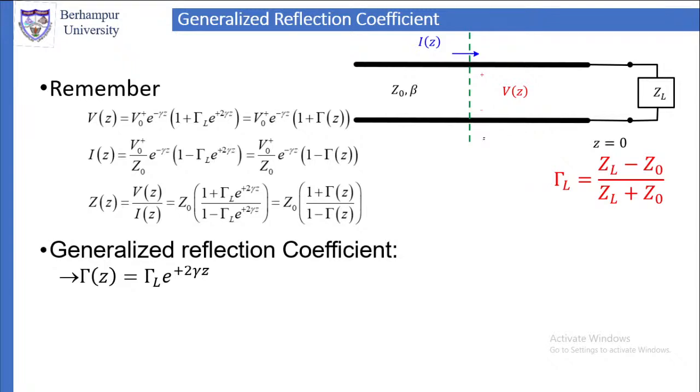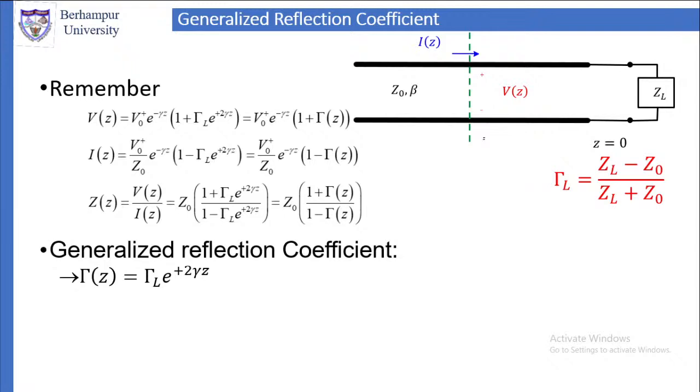Γ_L is the reflection coefficient due to the load. Then exp(-jβz) into exp(2jβz) gives us exp(+jβz).